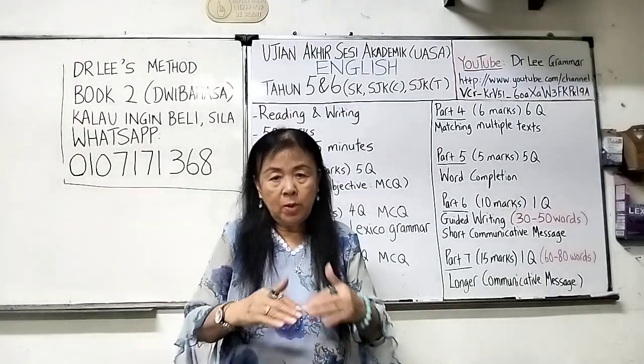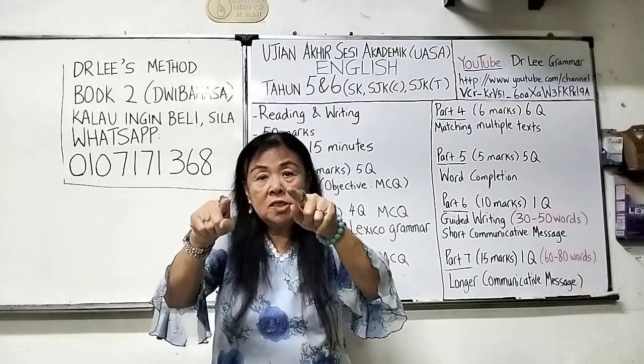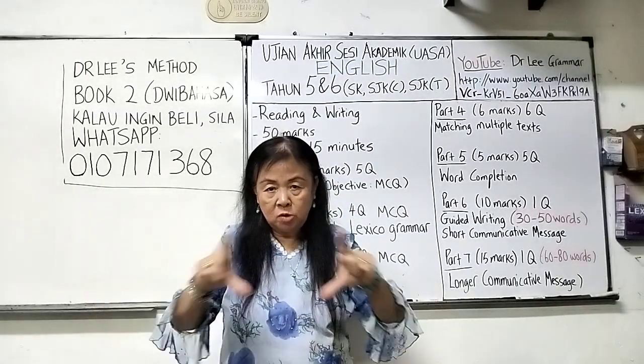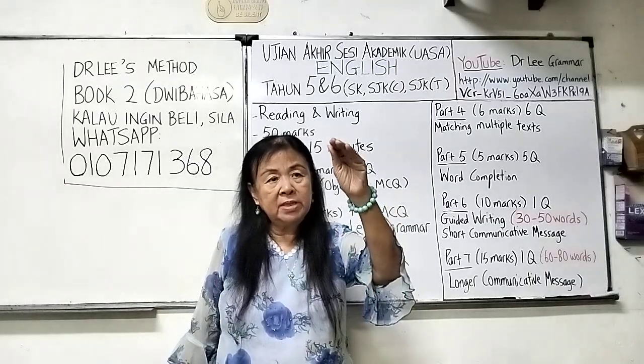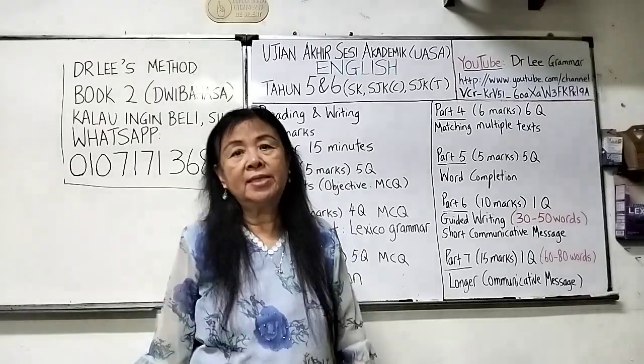And then the question and the answer. The question they ask you and the answer they want from you. Again, they draw a box or a table for you. So on the left hand side, you have number 13, 14, 15, 16, 17. On the right hand side, you write the answer.